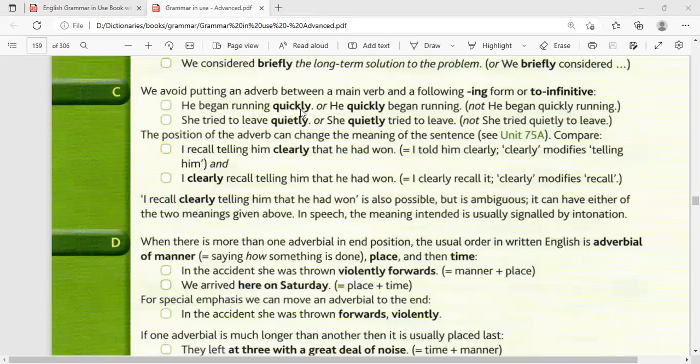No. So what is the solution in this case, Hannah? What can we do if we have to plus infinitive or ing? We put the adverb before the main verb or after the verb ing.